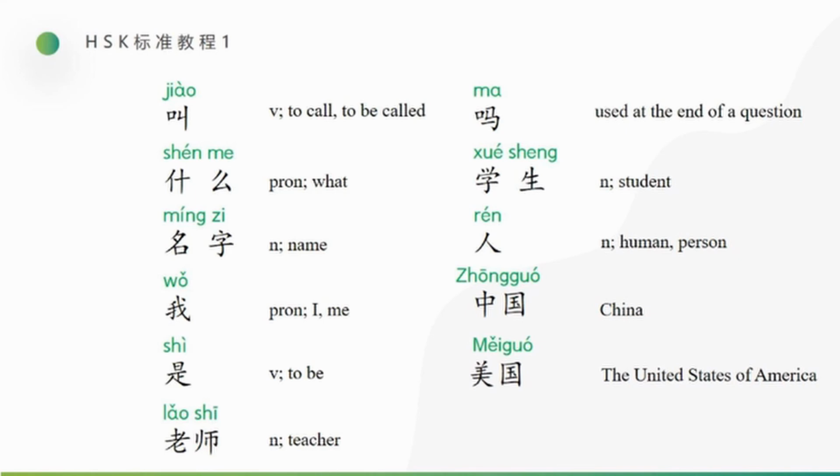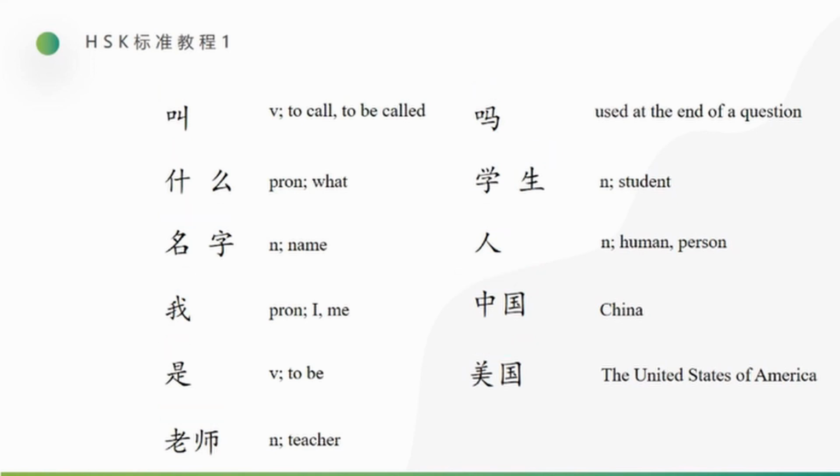叫什么名字，我是，老师，吗 (be careful, ma is a neutral tone)，学生，人，中国，美国。Okay, now let's read without pinyin.